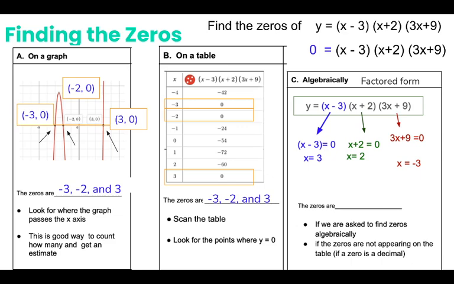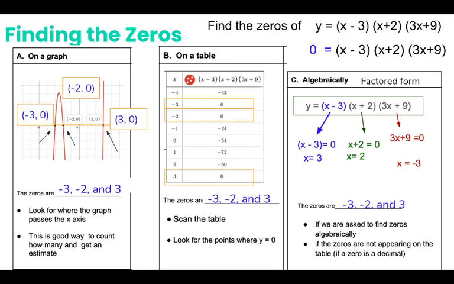So this is actually where those zeros came from algebraically. My zeros would be -3, -2, and 3. So if we're asked to solve for the zeros algebraically, or perhaps we're not seeing them in the table, this would work when our equation is in factored form.